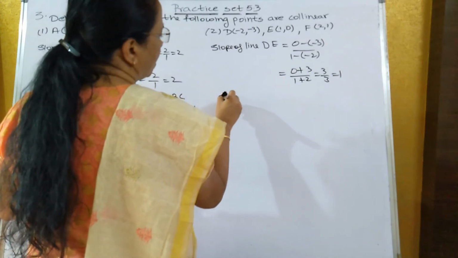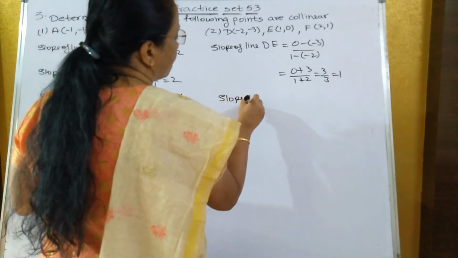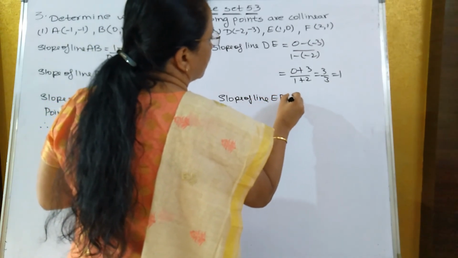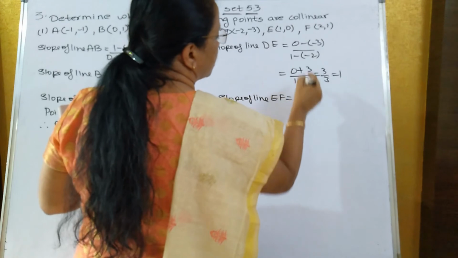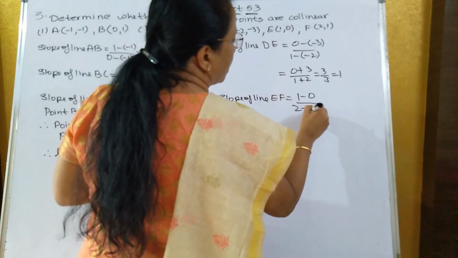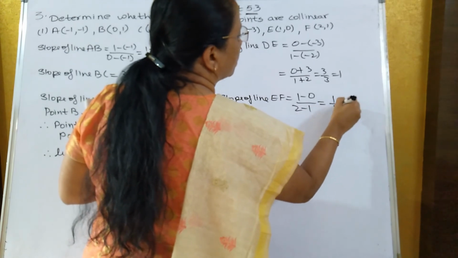Now slope of line EF, that's equal to 1 minus 0 upon 2 minus 1, that's equal to 1 upon 1, that's equal to 1.